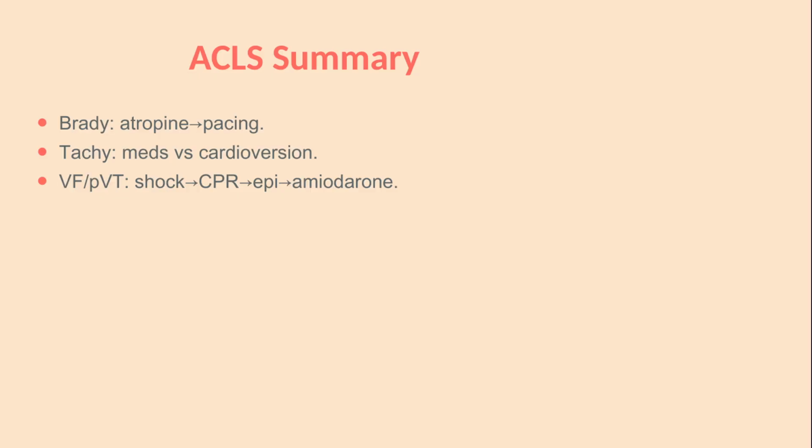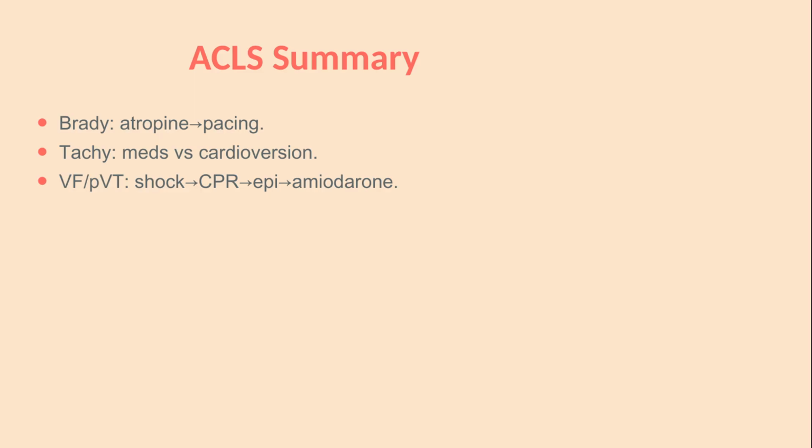Here is the whole lecture compressed into the ACLS view. For bradycardia, if the patient is symptomatic, give atropine 1 milligram, repeating to 3 milligrams total. When it fails, move to transcutaneous pacing with a vasoactive infusion as the bridge, and remember the infranodal blocks that atropine will not touch.